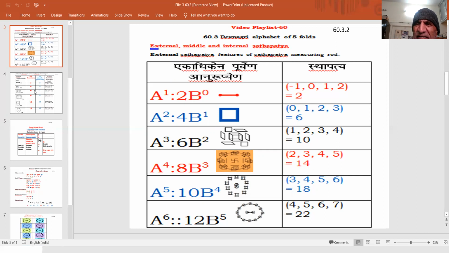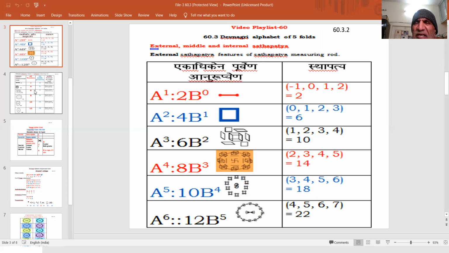The second phase is the numbers alphabet, which would mean the translation of the letters text like Ekadike and Purve into their parallel numbers placement values sequence.